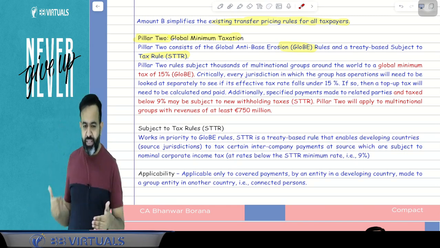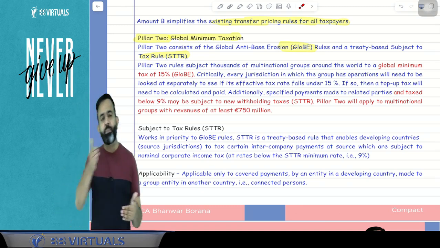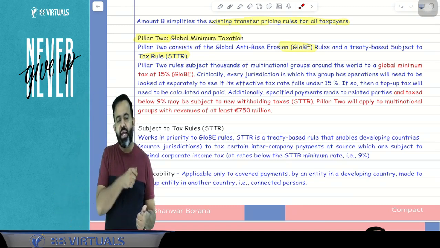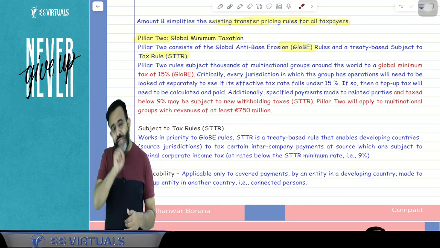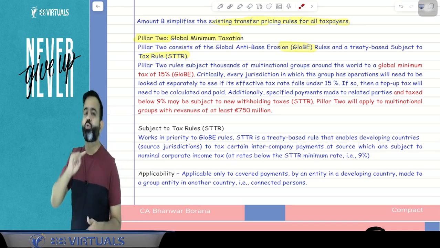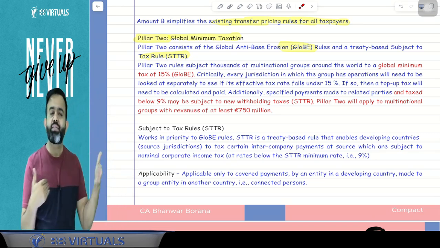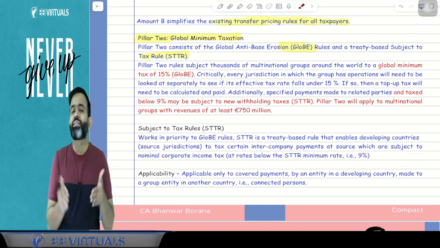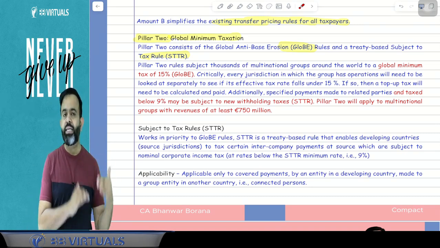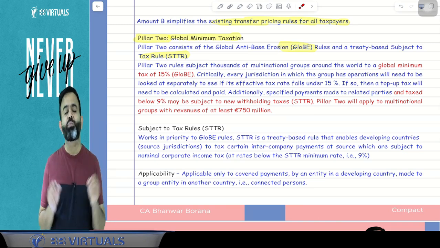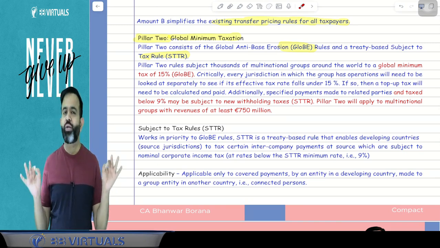Suppose, for an example, one company is located in India and one company is located in UK. Example is Unilever UK, and in India Hindustan Unilever. Hindustan Unilever made the payment to Unilever UK. Then guys, when there is an intercorporate transaction, or you can say an associate enterprise transaction, then the minimum TDS rate, or you can say tax rate, should be 9%. This is called your STTR.